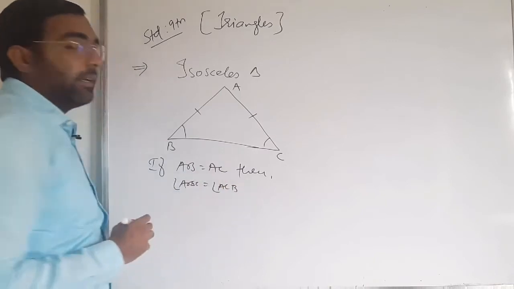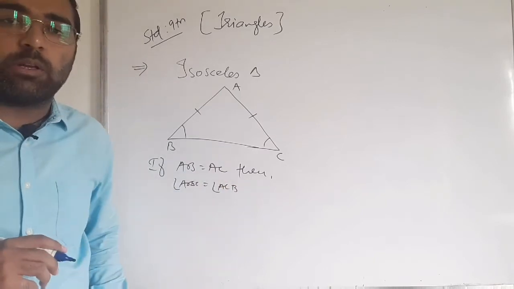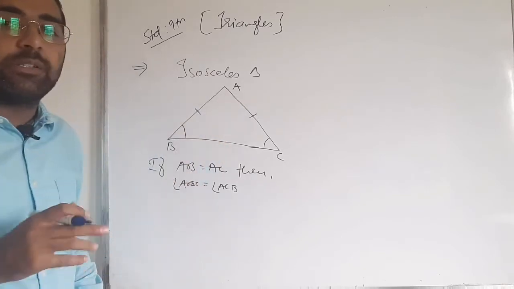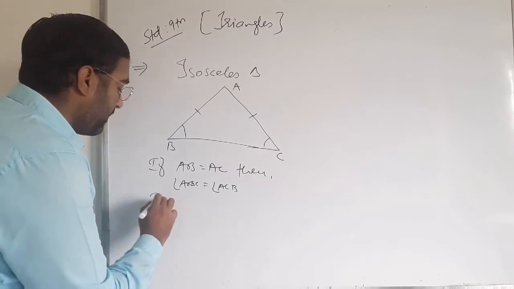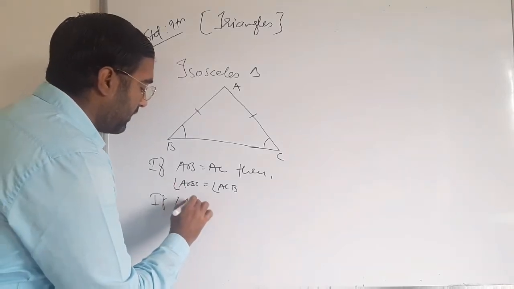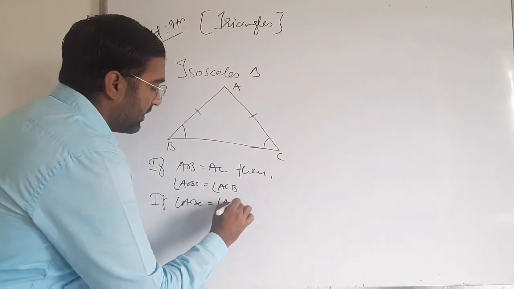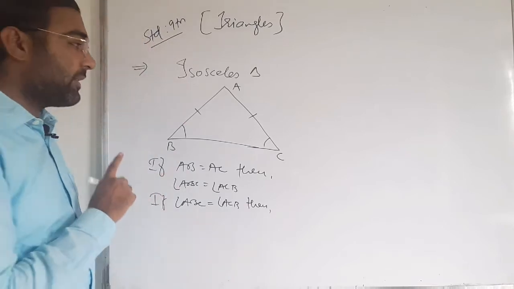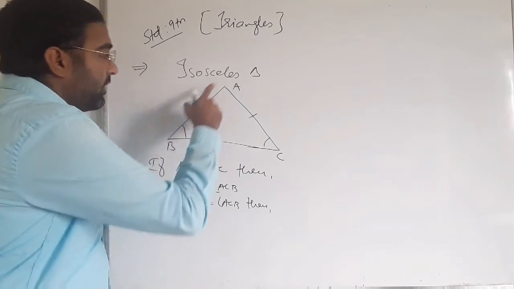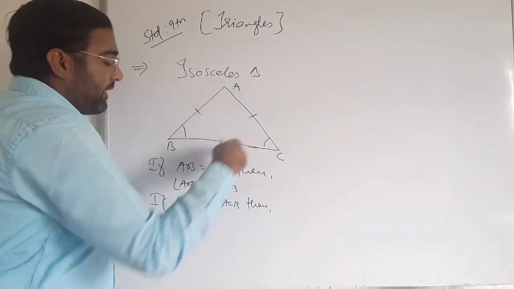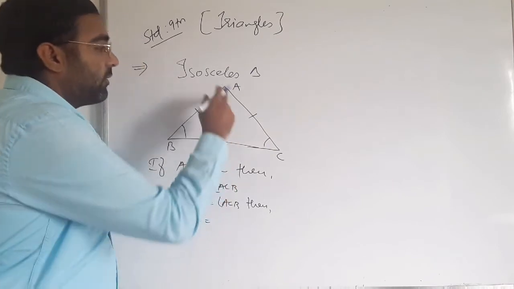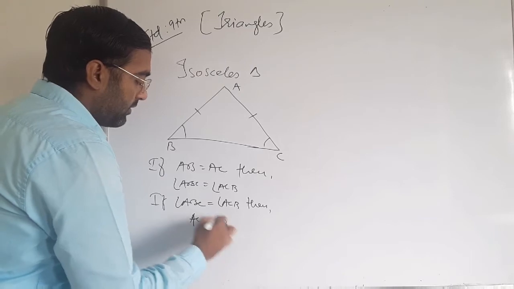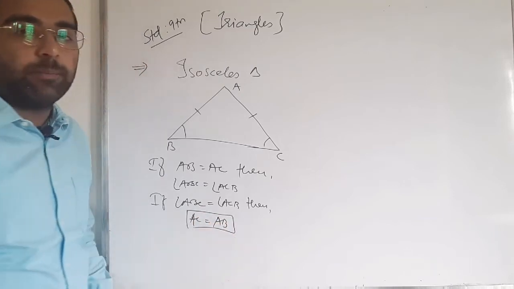Similarly, if the angles are equal, if angle ABC is equal to angle ACB, then their corresponding opposite sides must also be equal. That is, for angle ABC the opposite side is AC, and for angle ACB the opposite side is AB, and they are equal. Clear?